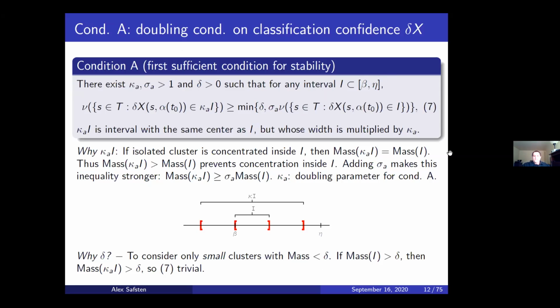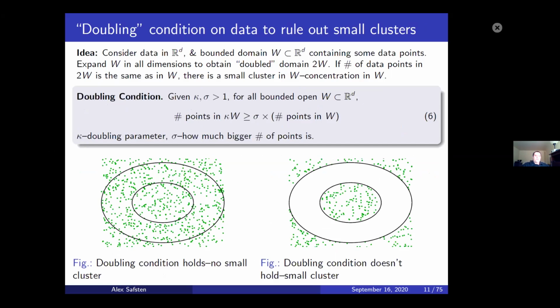Now, I see that we have a question in the chat. The question is, is W not required to be centered? So going back to the previous slide, we have the small ellipse W, and then it is, quote unquote, doubled to the bigger ellipse.